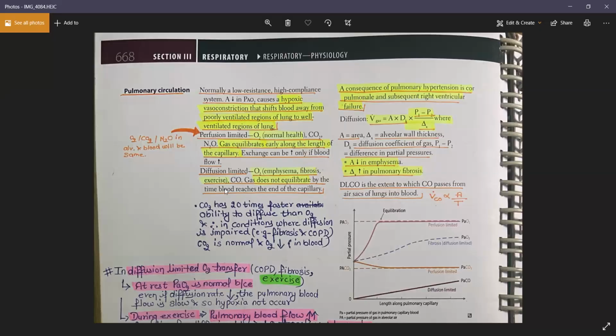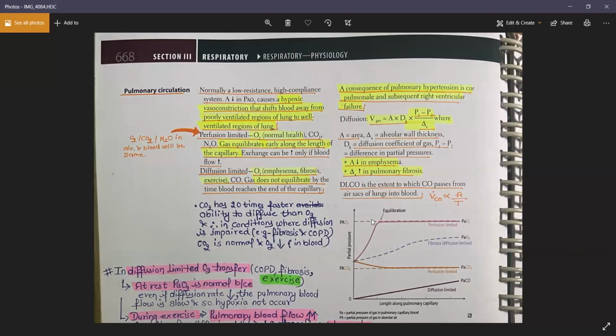As you can see, this is the level of the CO in my blood. As soon as the blood reaches the alveoli, the level of carbon monoxide is slowly rising, not instantly, because the diffusion is slow in this case.